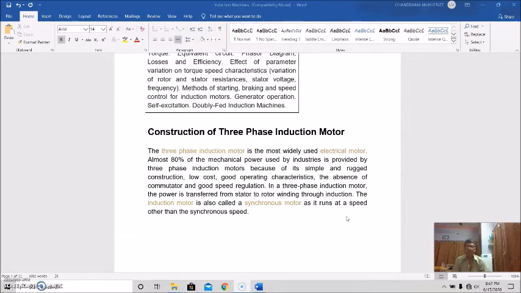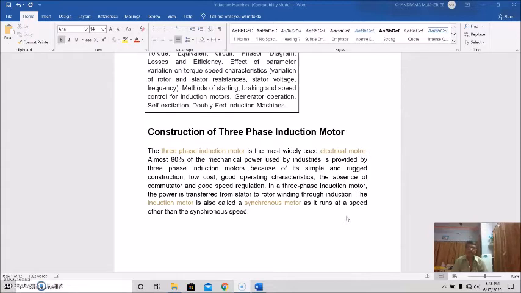In a three-phase induction motor, power is transferred from the stator to the rotor across the air gap by the induction principle. The induction motor is also called an asynchronous motor because it runs at a speed other than the synchronous speed.